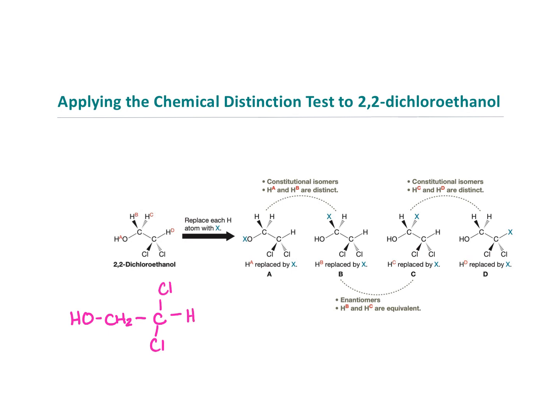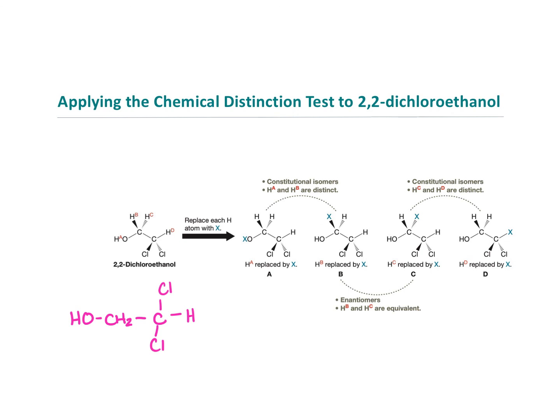And he's saying go through and replace all of these. And so if you look, he's saying, look, if you replace the H here with an X, and then you replace that H there with an X, A and B are going to be constitutional isomers, and therefore they're distinct.